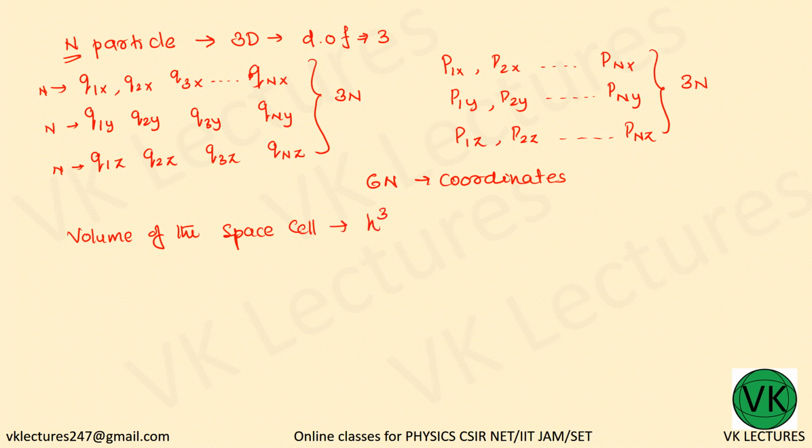For a single phase space cell, you have h cube, and this is for a single particle. For an n particle system, you will have h cube n, I mean h to the power 3n.